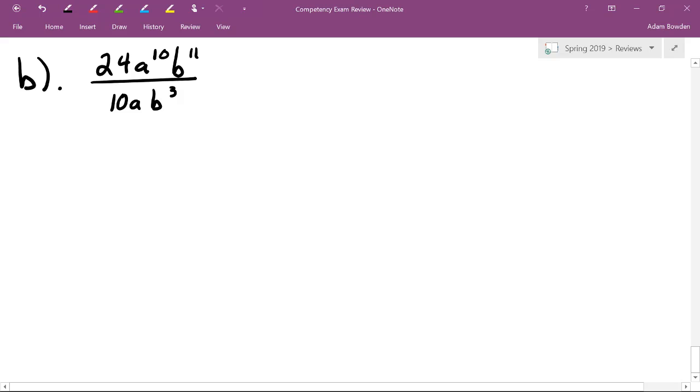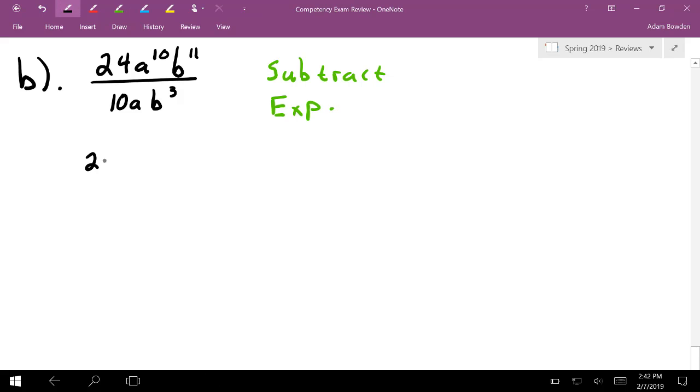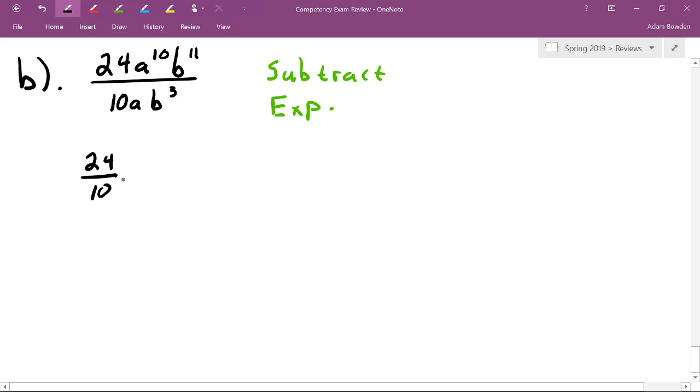Now in this example we have division at work. So we're going to need to take care of exponents when we have division. When we have division, the exponent rules tell us to subtract our exponents from each other. So what we're going to get here is 24 divided by 10.